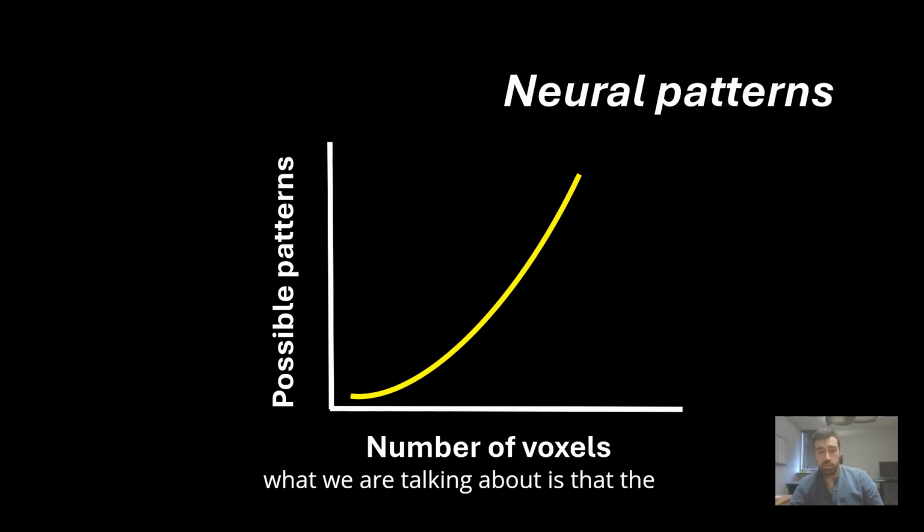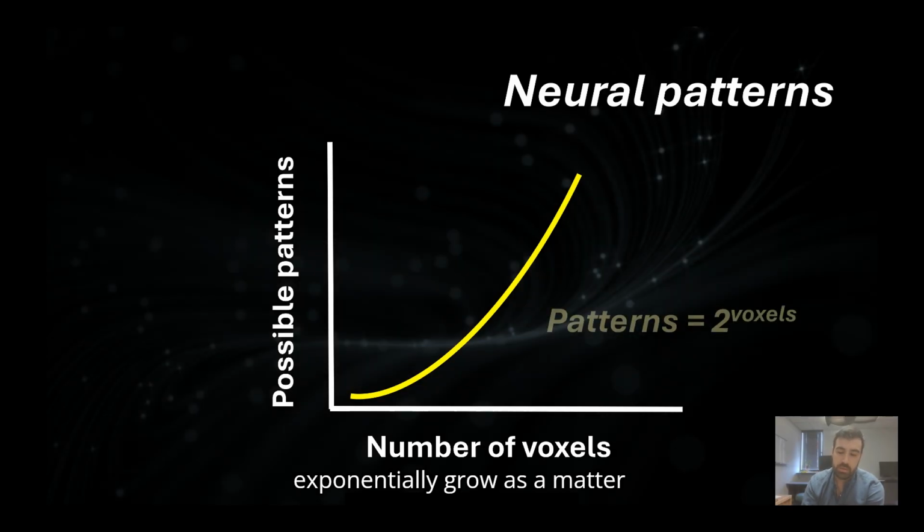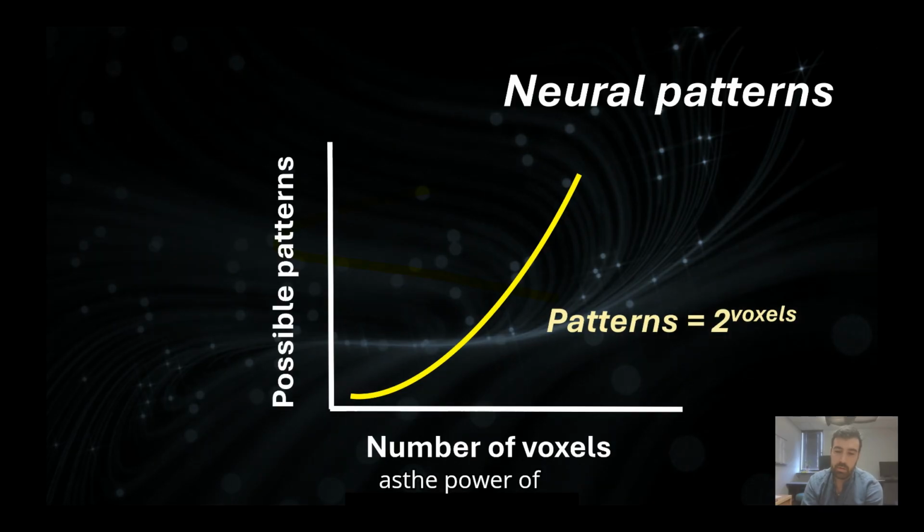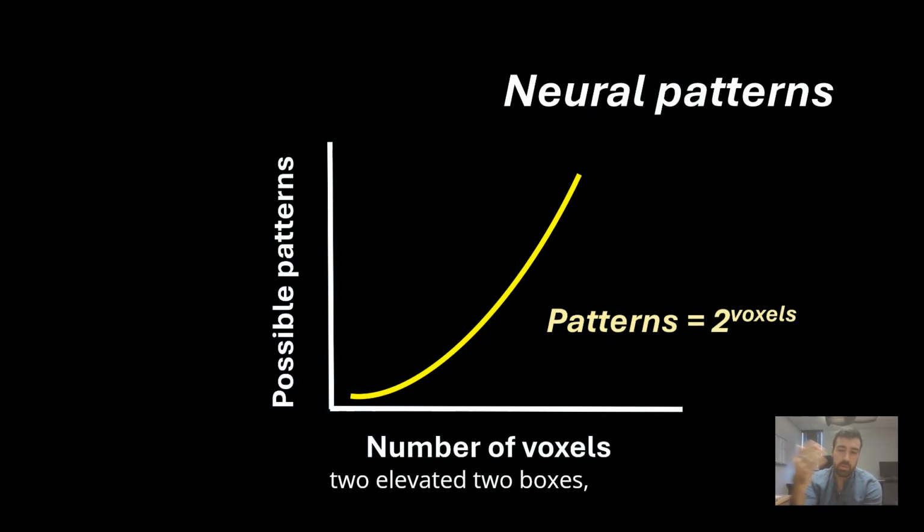Actually, the possible patterns grow exponentially, as 2 to the power of the number of voxels. The more voxels, the more channels in EEG, the more time points in MEG, the more information we're going to have in a multivariate analysis.